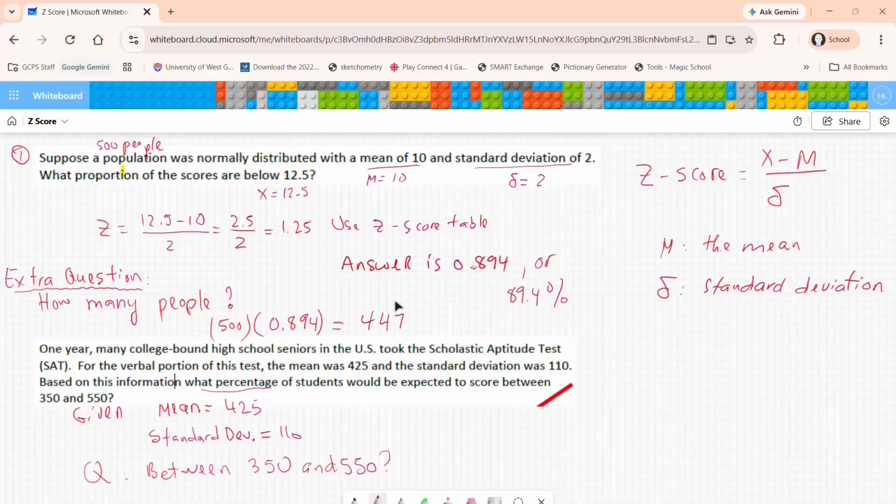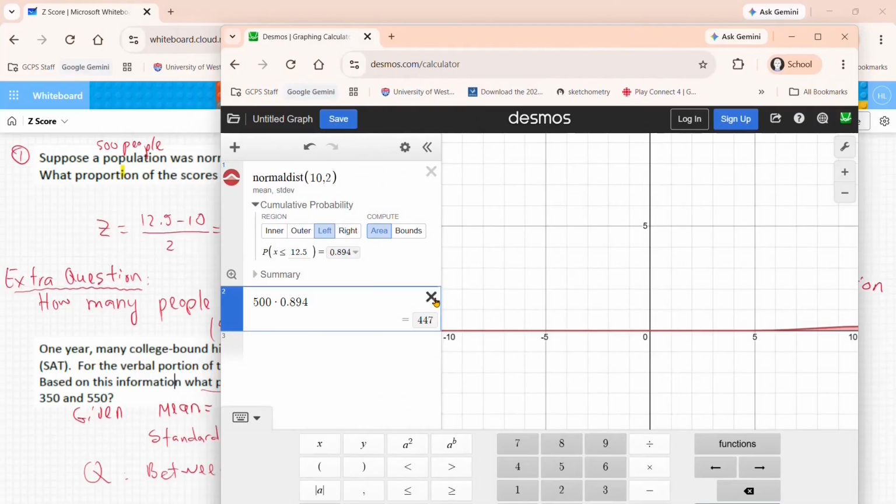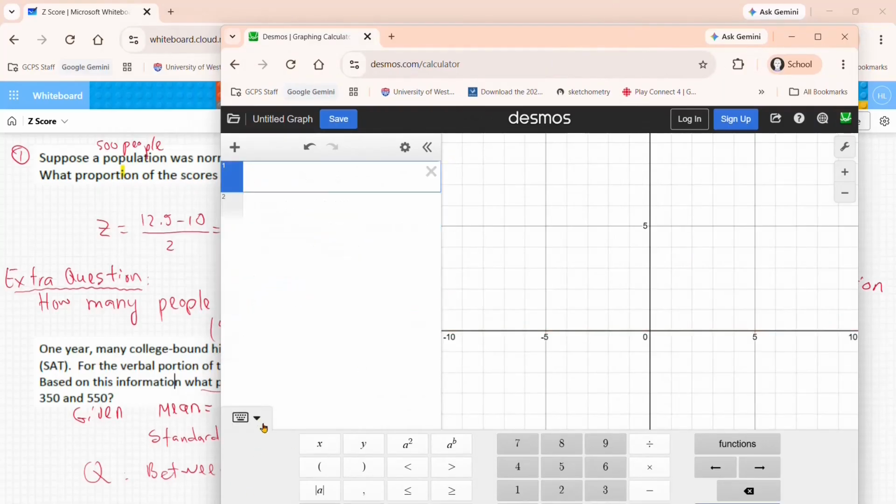So I'm going to use decimals. For the z-score, you have to find two different z-scores with two different numbers, 350 and 550, just like problem number 1. Then you have to subtract. But I'm going to use Desmos. So I'm going to start from the beginning. Okay, so here we go again.